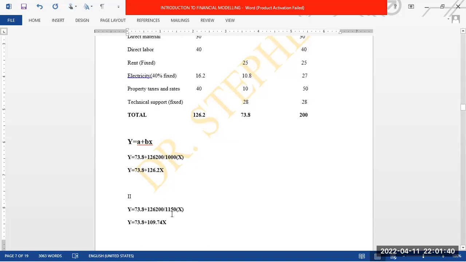Variable cost per unit is what we have here. So this is the cost function for our Roman 1 and the cost function for our Roman 2. That is what is required of us as for now.